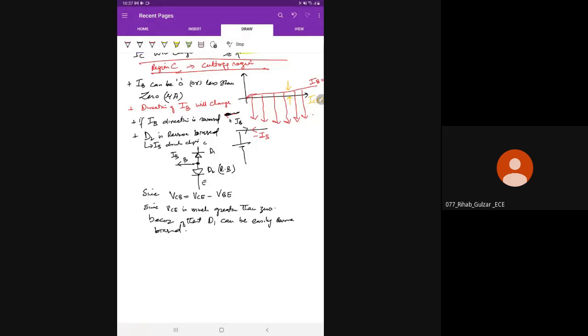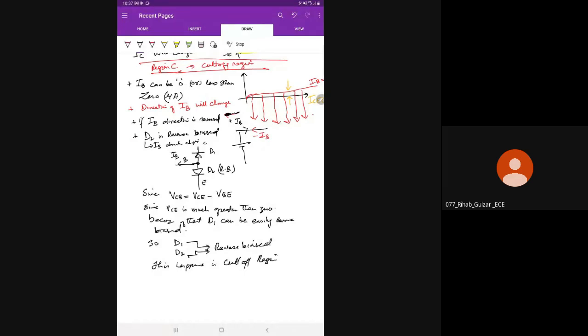It means it is easily reverse biased. So we can say that both D1 and D2 are reverse biased in region C, and this happens only in the cutoff region.